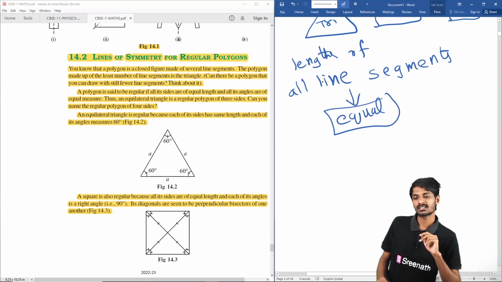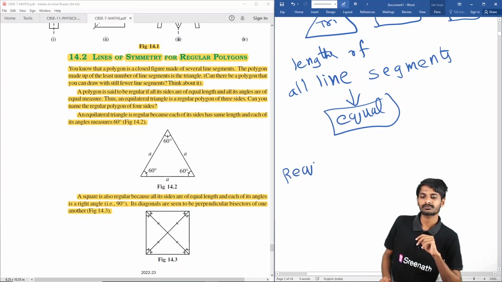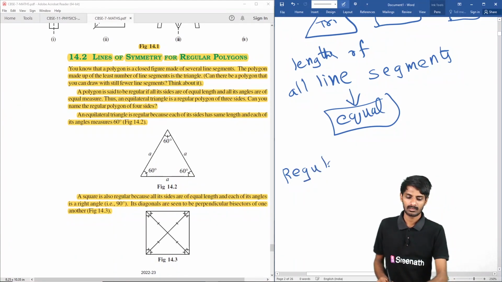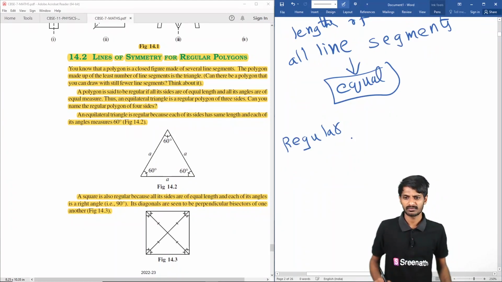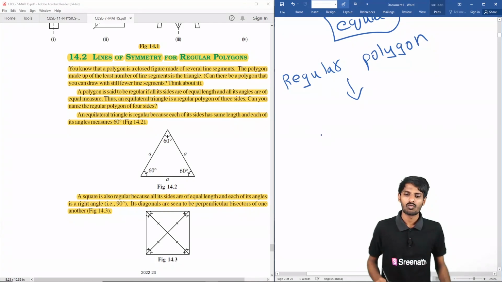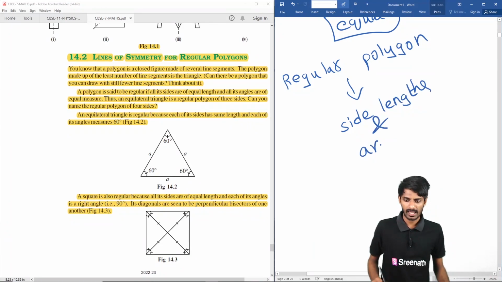So the two conditions for a regular polygon are, one, side lengths, and I think you know, yes, about the angles also.